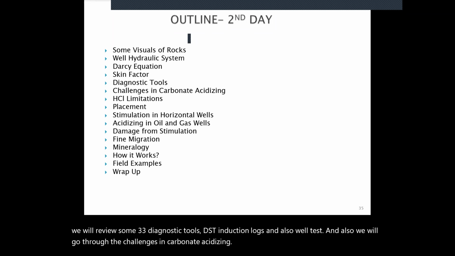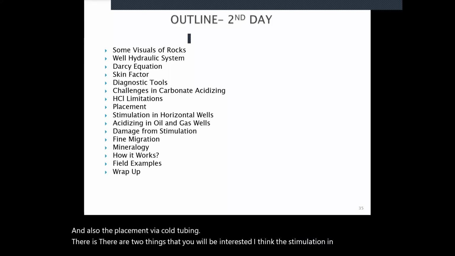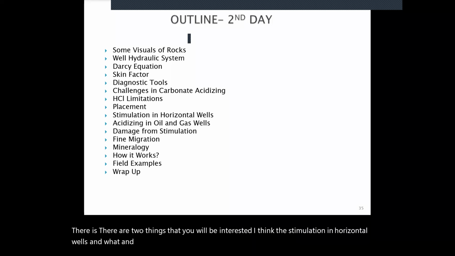Moreover, we will review the limitation of using HCl and also the placement via coiled tubing. There are two things that you will be interested in: the stimulation in horizontal wells and what are the differences between these two.